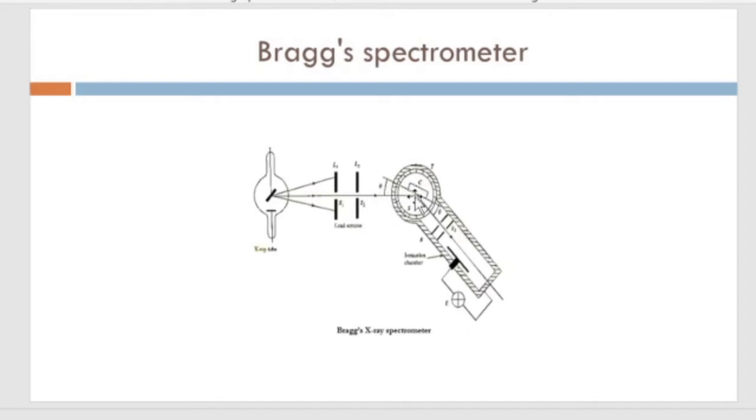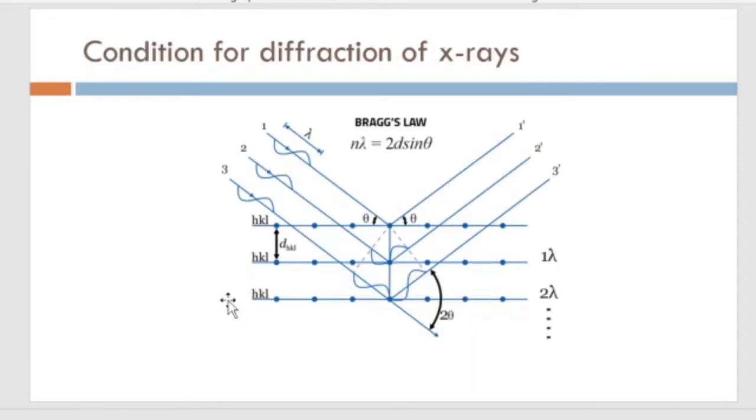Whenever the X-rays fall on the crystal, they interact with the atoms in the crystal. They fall on the crystal lattice planes, which are parallel to each other. It works on the principle of Bragg's law, the diffraction condition. This is the condition for diffraction of X-rays, Bragg's law, which says that 2d sin theta is equal to n lambda, where d is the spacing between two lattice planes.